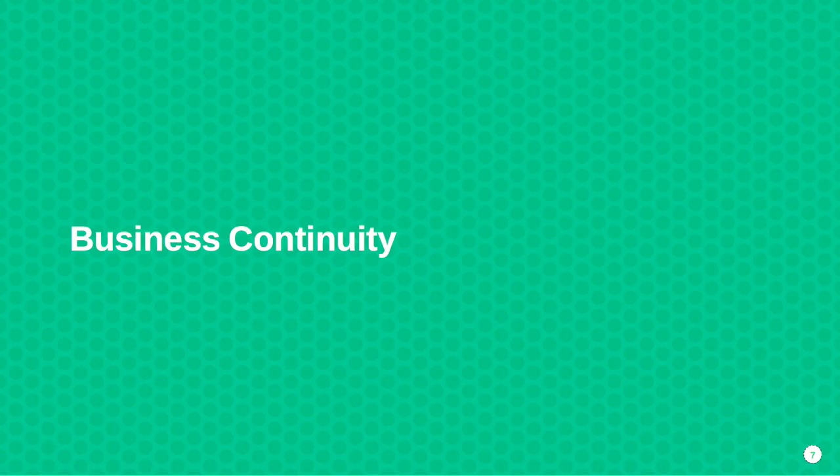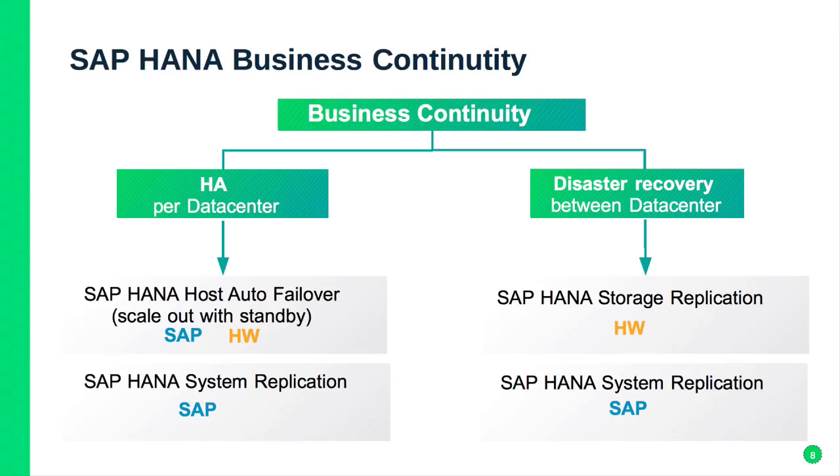Coming a little bit more to SAP HANA. It's all about business continuity, and you can do different scenarios with SAP HANA. One thing is SAP HANA has built in some HA features, for example, a host auto failover.